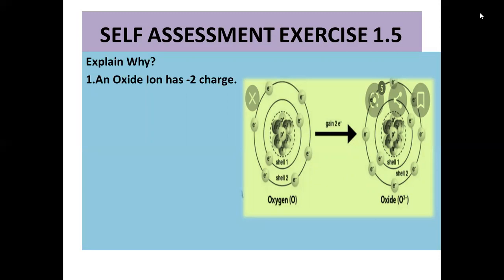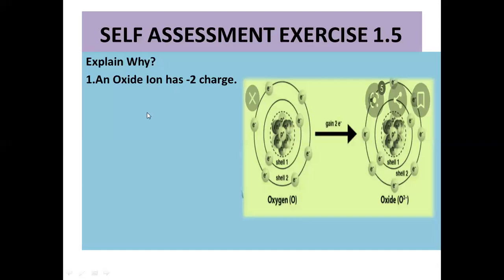You can see a neutral oxygen atom, and after gaining 2 electrons it becomes an ion. When an atom gains an electron, it converts into an ion called an anion. So oxygen from atomic form is converted into an ion; oxygen into oxide, that ion is called oxide ion.